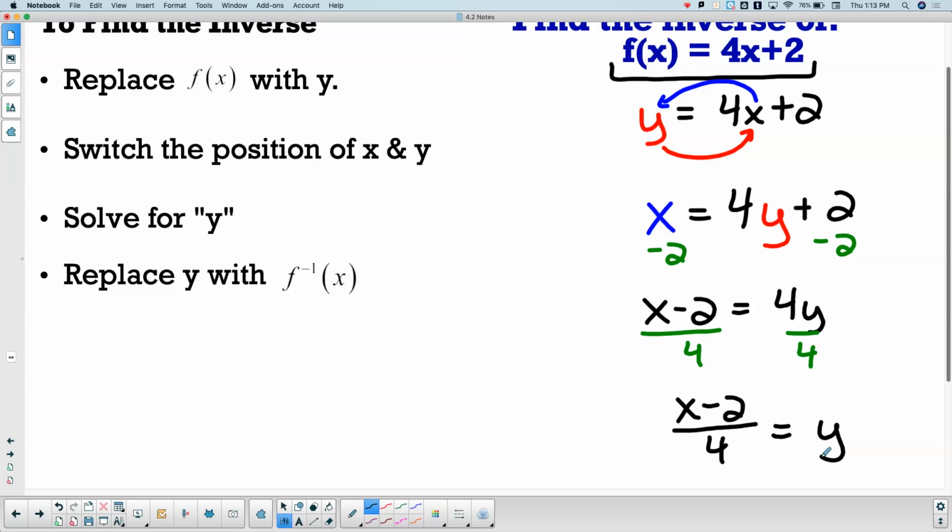Once you have it solved for y, then you're going to switch back into inverse notation. So you're going to take the y part now, and you're going to write it as the inverse of f.